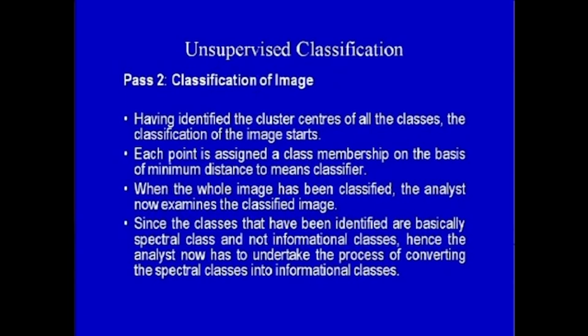When the whole image has been classified, the analyst now examines the classified image. Since the classes that have been identified are basically spectral classes and not information classes, the analyst now has to undertake the process of converting the spectral classes into information classes.